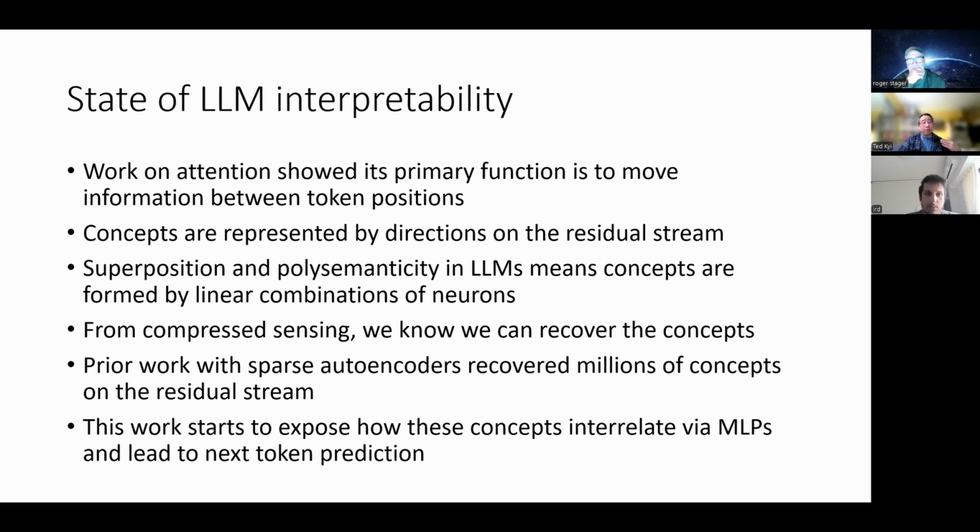So when they found the Golden Gate Bridge concept, if they took a sentence that had nothing to do with the Golden Gate Bridge, but they took that one direction and added it very loudly to the residual stream, you could get something like this.